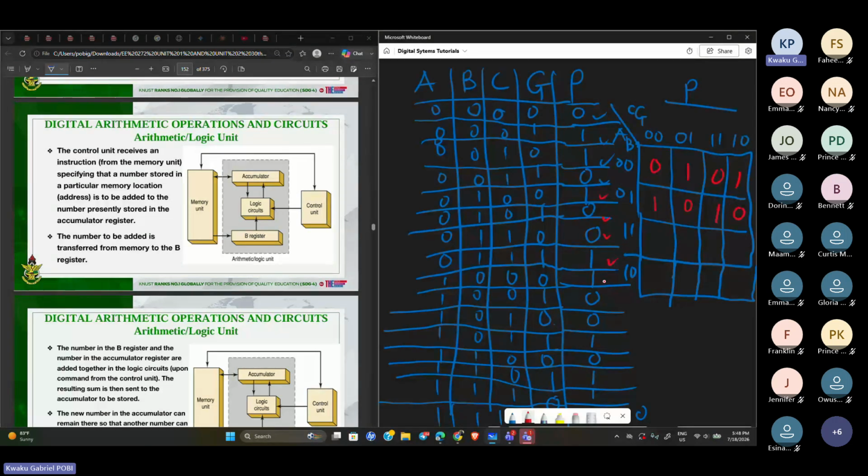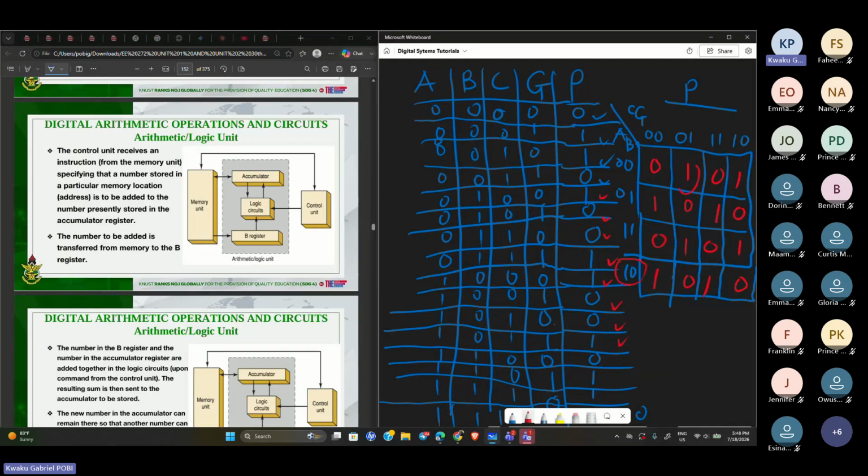Now the next 4 is 1, 0, 0, 1 again. But the next 4 should come here because here is 2, here is 3. So here will end it. So you should come here and then place your 1, 0, 0, 1 here, right? Then the last 4 becomes 0, 1, 1, 0, which will be placed here, meaning we have 0, 1, 1, and then 0.